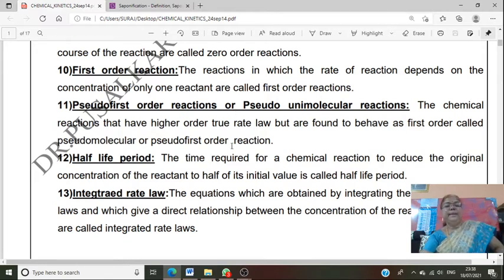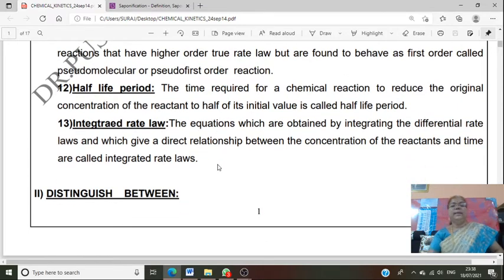Then the integrated rate law is the equation obtained by integrating the differential rate laws, which gives a direct relationship between the concentration of the reactants and the time.